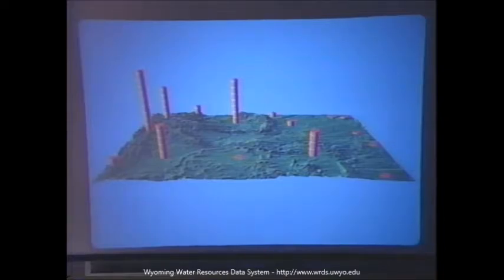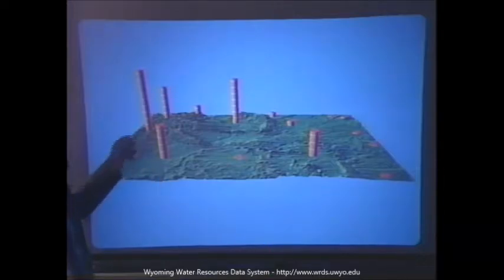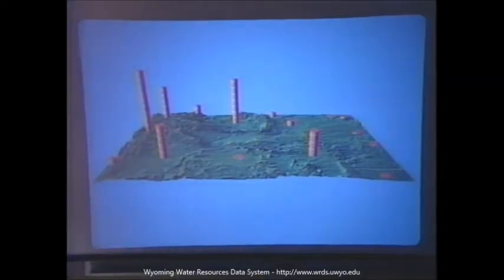The bands on the silos are at 500,000 acre-feet, so that, for example, in the green drainage, this one right here, 500,000, 1 million, 1,500,000, 2 million, about 2.4 million acre-feet of water leaves the green drainage basin, or would do so under natural conditions if we didn't use any. So that's the amount of water leaving Wyoming.